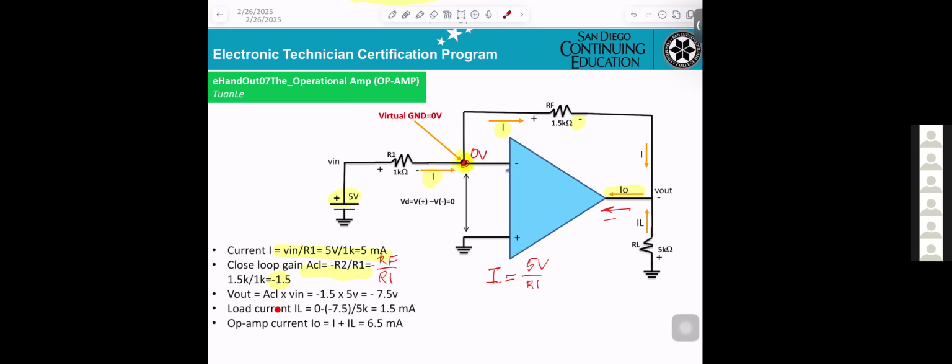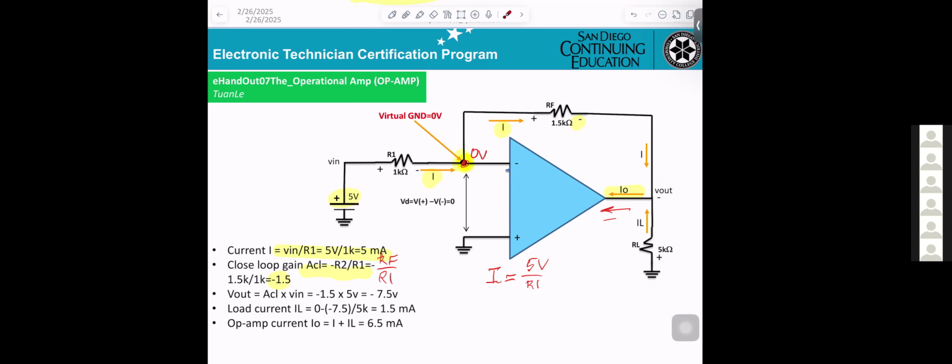If you want to calculate the load current, IL, that means you take the V out divided by R load, you can get 1.5 milliamp. If you calculate the op-amp current, you add current I and the IL.